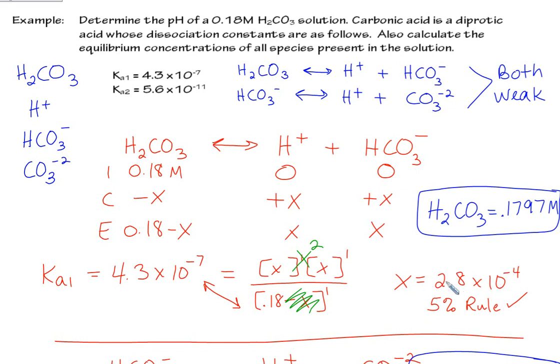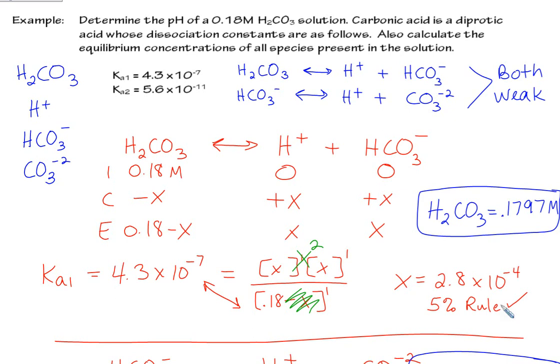I mean, yeah, it created a little bit extra from the second step, but with a reasonable amount of sig figs, it really didn't even change this value. So for future reference, if you have to calculate just the pH of a weak polyprotic acid, you can just do the first ice table, and that amount of hydrogen is the significant source of hydrogen.